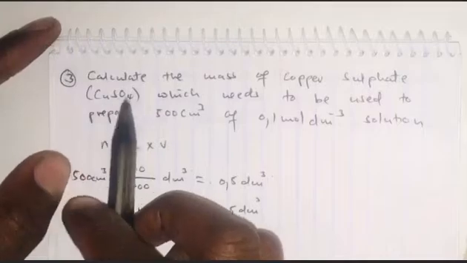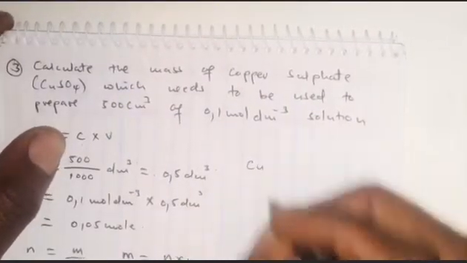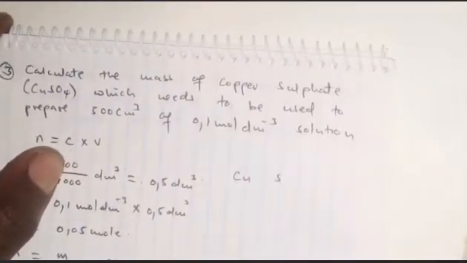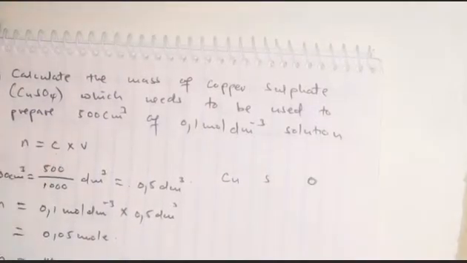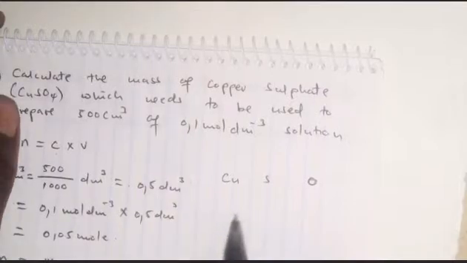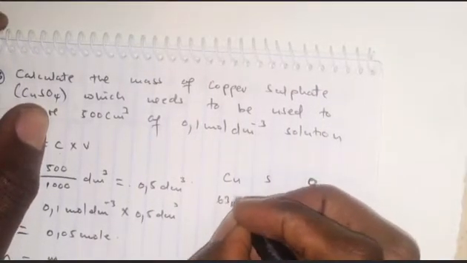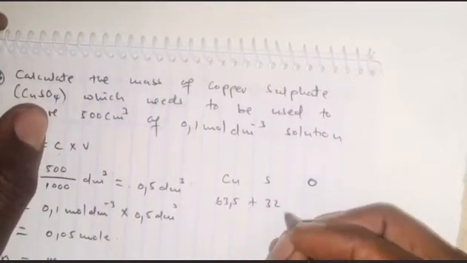Now the molecular mass of copper sulfate, I've got copper, then I've got sulfur, then I've got oxygen there. The atomic mass of copper is 63.5 plus the atomic mass of sulfur is 32.